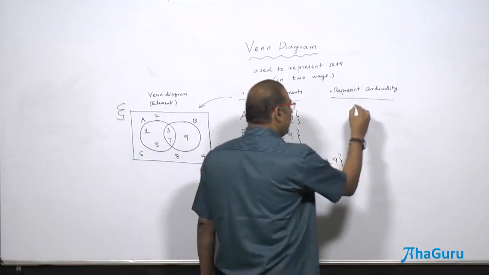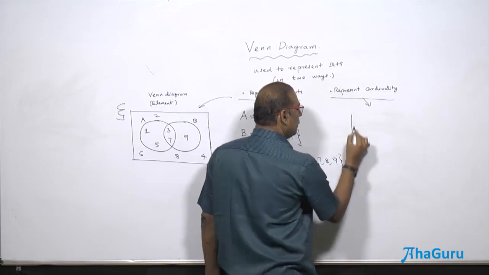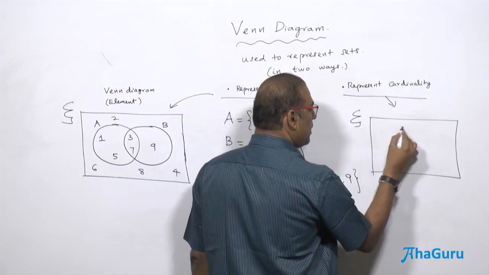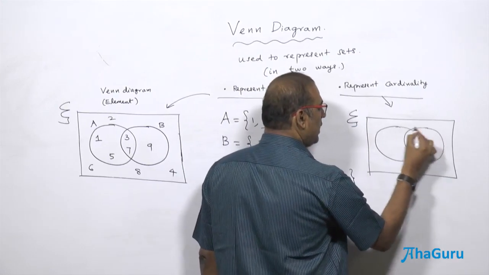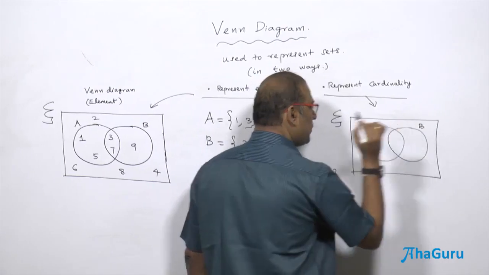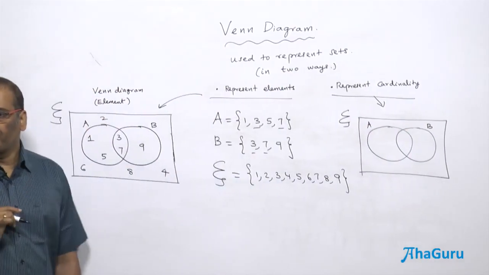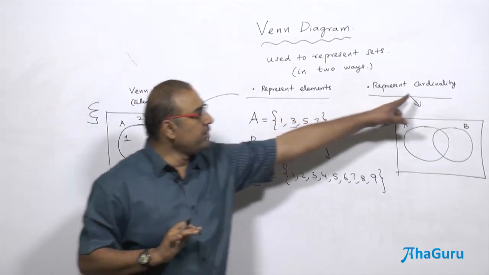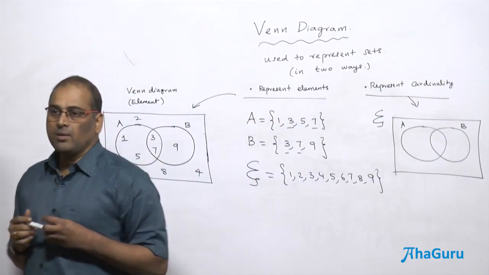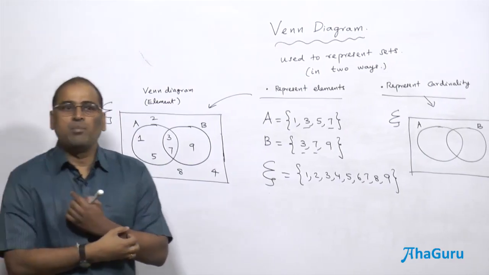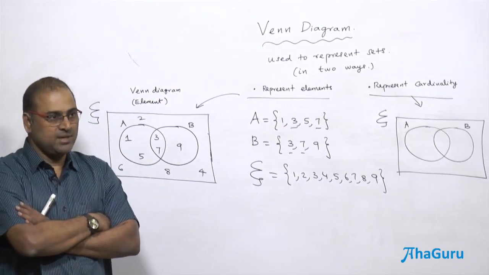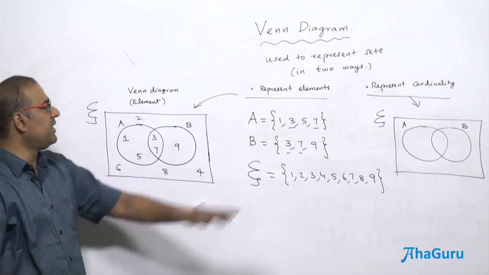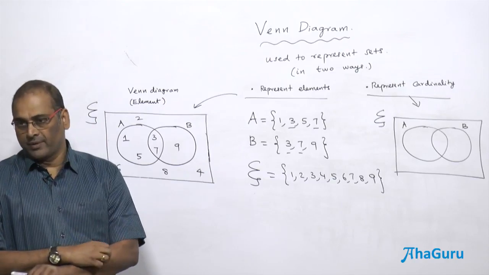There is another Venn diagram where I will be using the same idea. I have this epsilon, I have this A, I have this B, where I will not write the elements. I am going to represent the cardinality. What is cardinality? The number of elements. Are you able to understand? So, how many elements are present in A? 4.